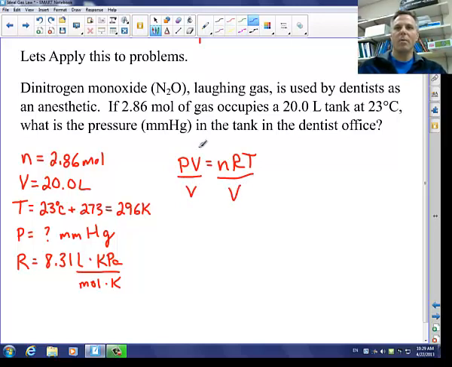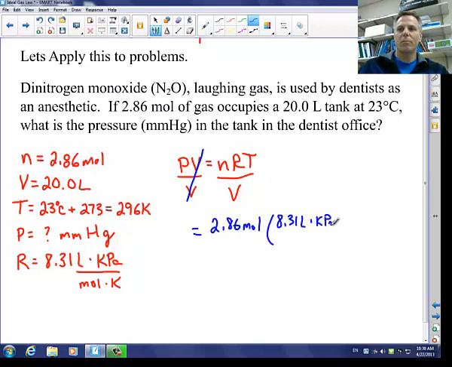And when I do that, my volumes are going to cancel out. So now I can plug in my numbers for nRT over V. My pressure will be n, which is 2.86 moles, times the value for R, which is 8.31 liters times kilopascals per mole Kelvin. And my temperature is 296 Kelvin, all divided by the volume.